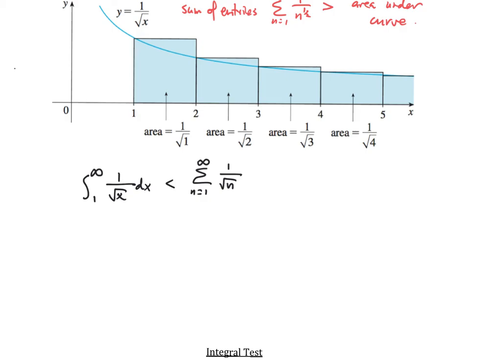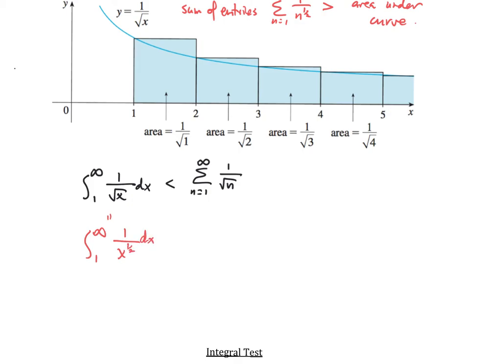The natural question we could ask ourselves is, let's take a look at this piece right here, and we know how to calculate this integral, right? We could write this as the integral from 1 to infinity of 1 over x to the 1/2 power.